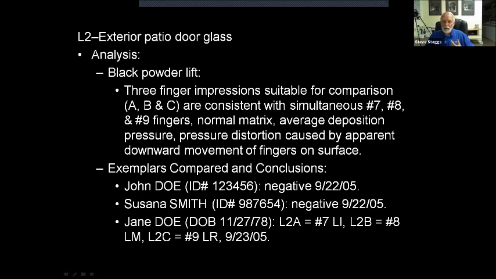And then the next day, I finally got around to Jane Doe. This is her date of birth, and latent 2A equaled finger 7, latent 1 and latent 2B equaled 8, and so forth, and the date that I did that. So that's how we would document that.